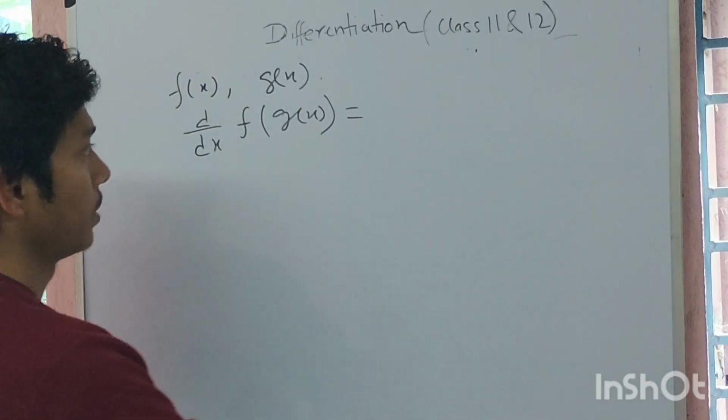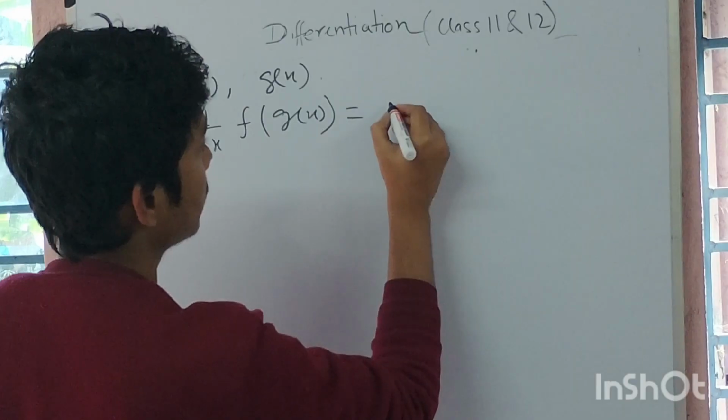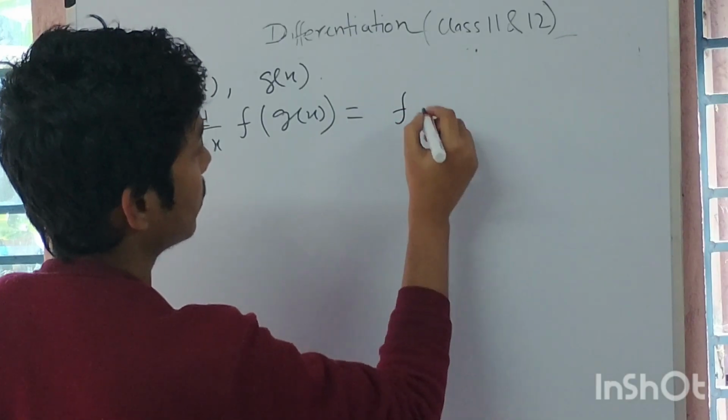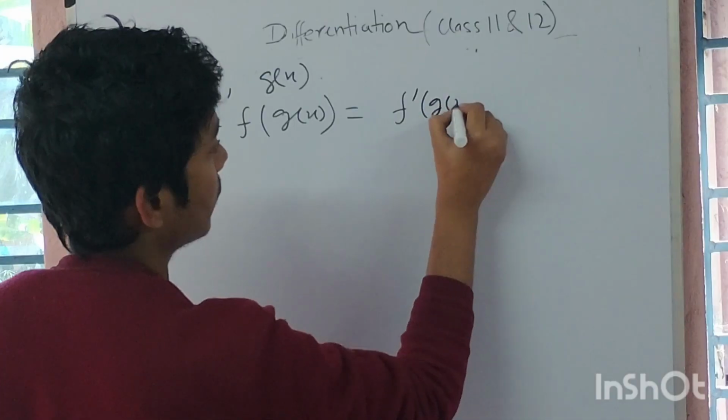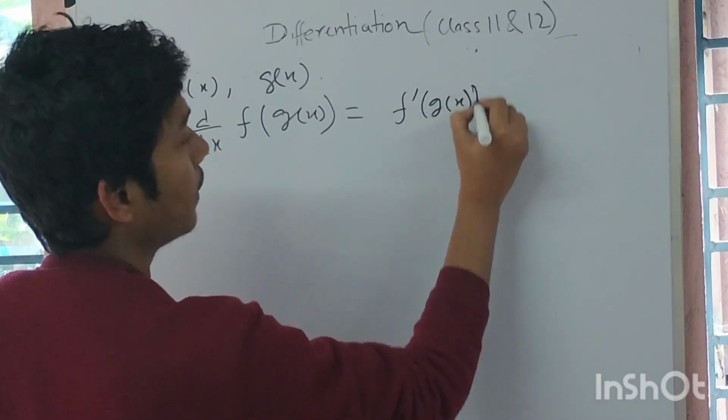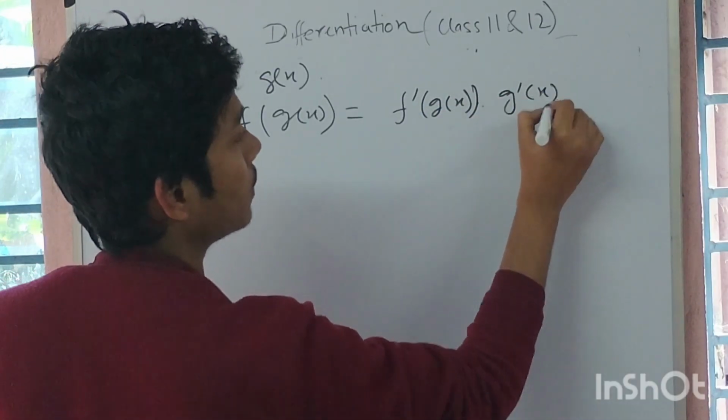You do just one thing: f dash of g(x) into g dash x.